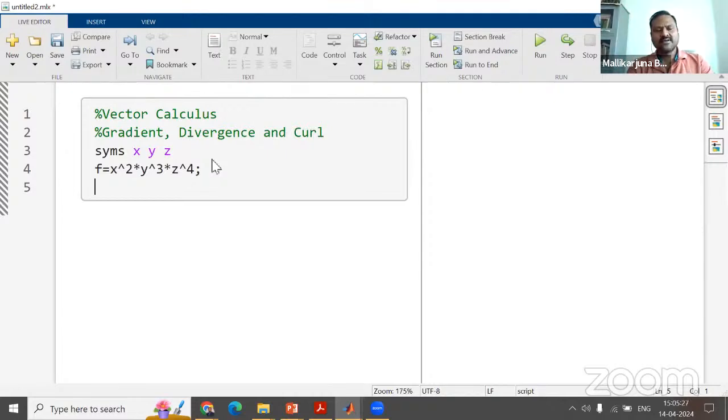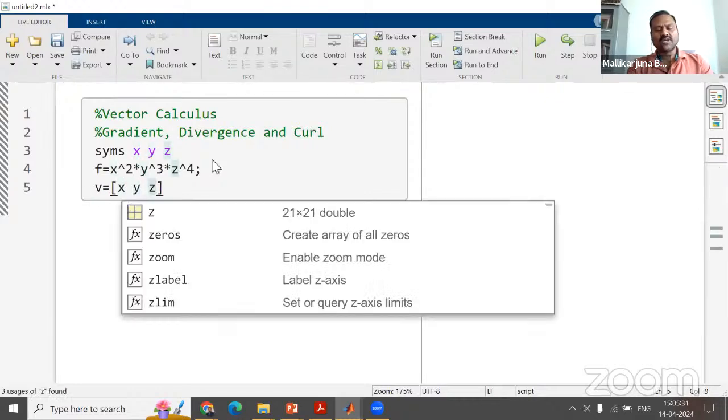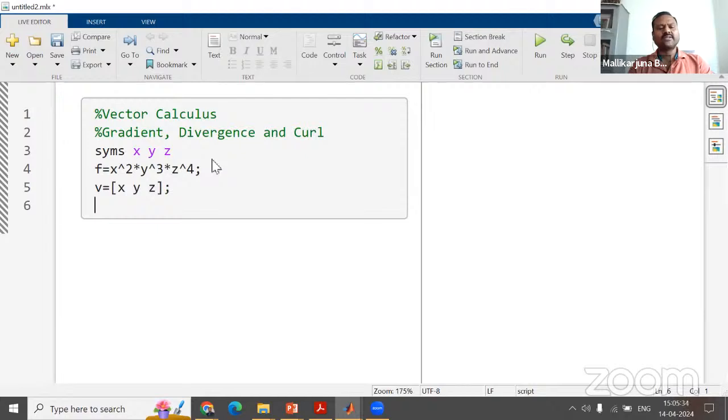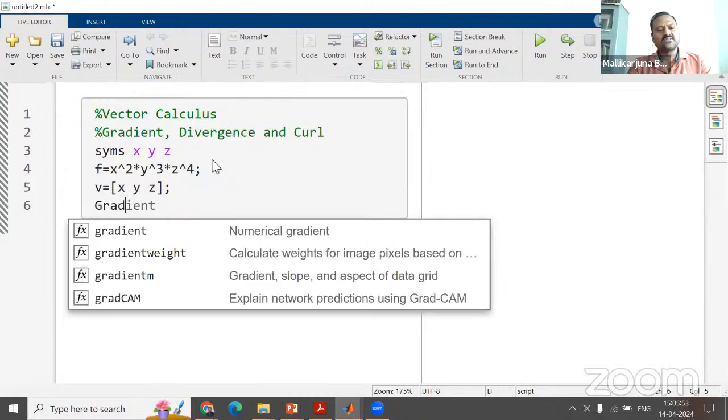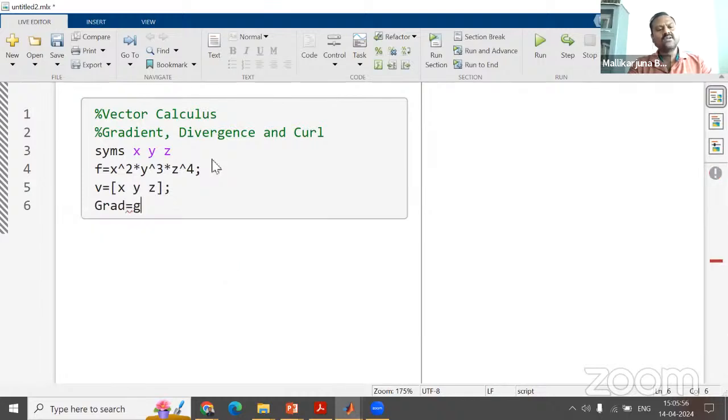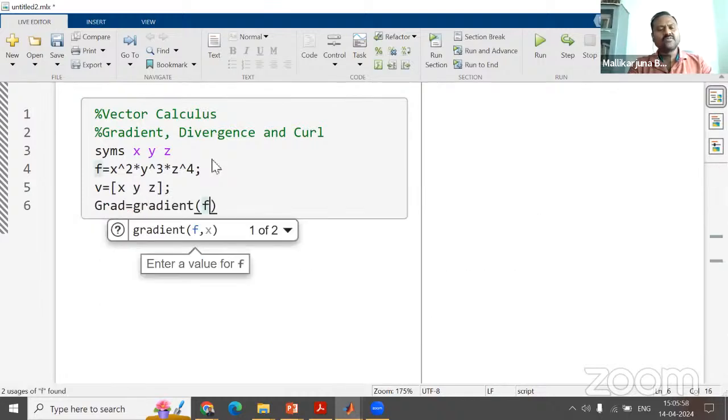Now I'm just taking with respect to what vector you are planning to find the gradient. That means we are defining with x, y, z. With respect to x, y, z, we are planning to find the gradient. We know the formula of the gradient, and here you can see the gradient formula. It is simply gradient of the function with respect to x, y, z.